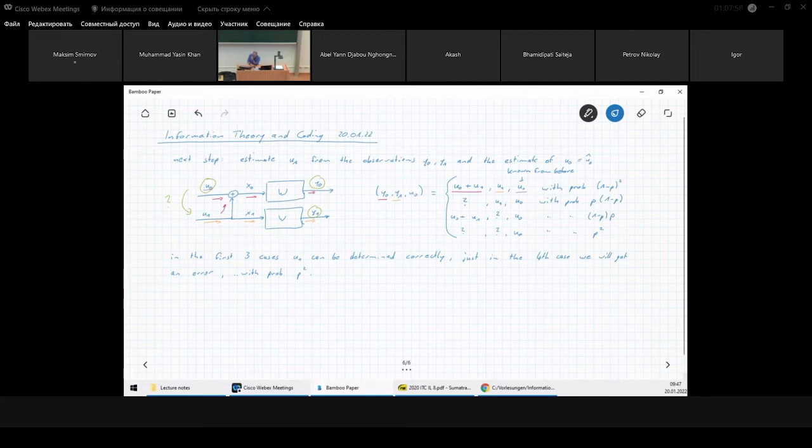So here's the question again about the fourth case, why we cannot tell something about U1 in this case. Just imagine we have the erasure symbol here that we observe. We have the erasure symbol here. So this means we don't know x0 and we don't know x1. This could be anything if we observe the erasure symbol here.